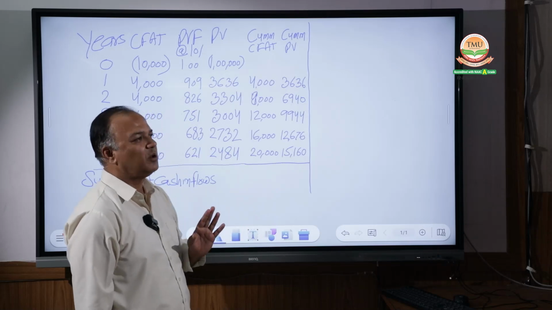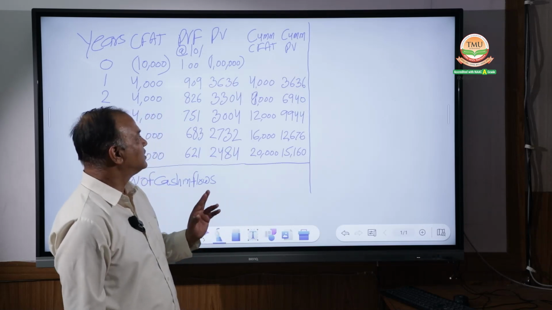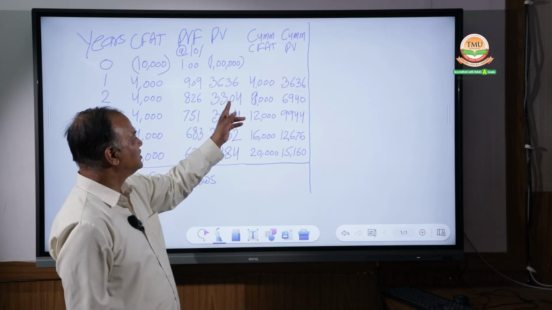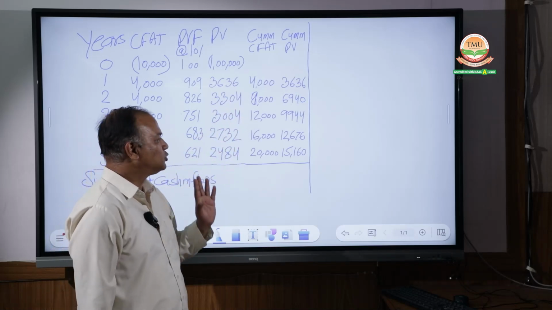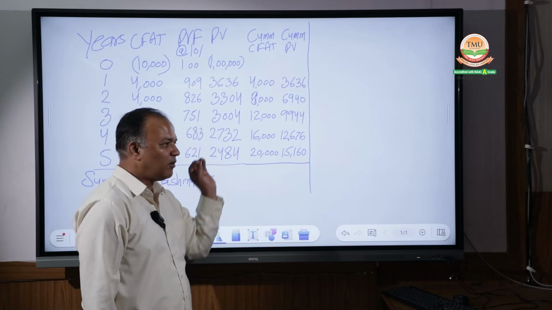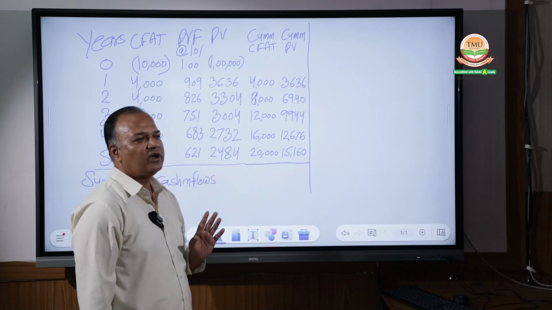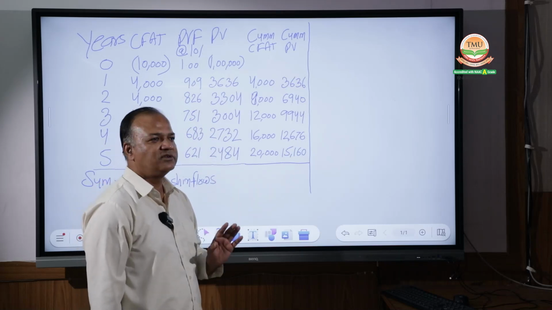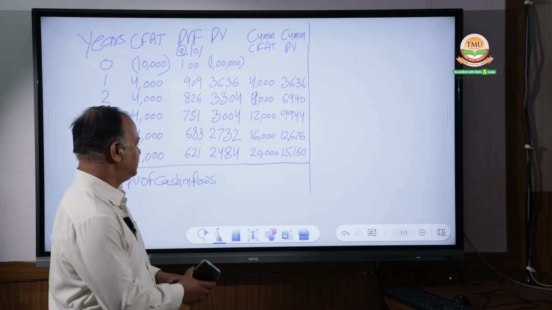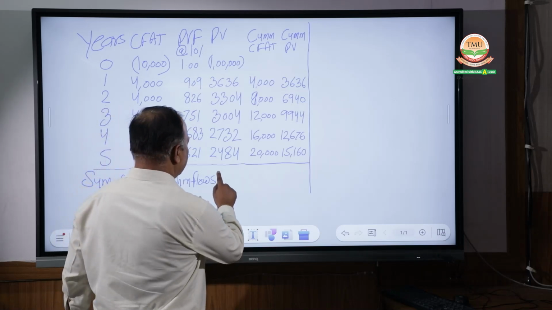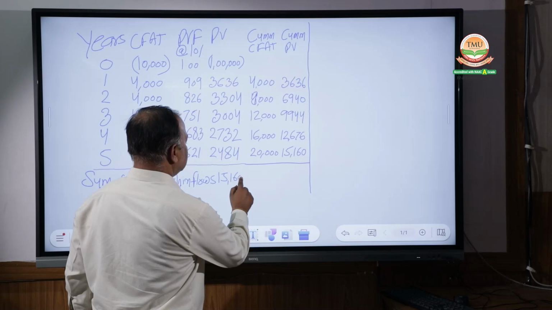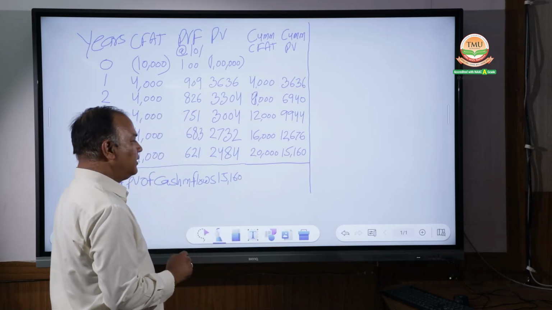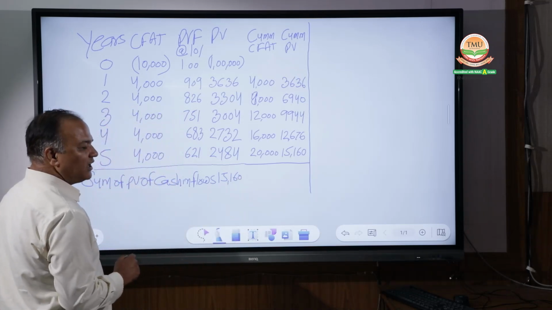This is the cumulative value. So write down here 15160. This is sum of present value of cash inflow.